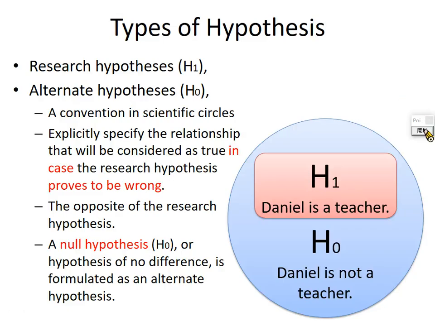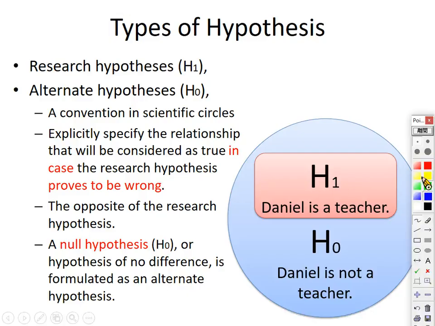So you can see all the possibilities for Daniel's identity can be described by either H1 or H0, right? Both of them combined together are all the possibilities we can have for Daniel. So Daniel is a teacher or not a teacher. This is the logical wholeness.